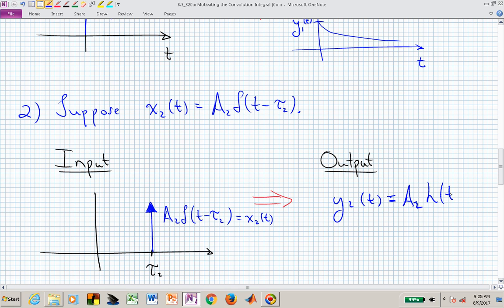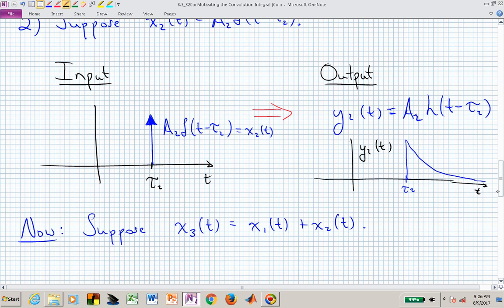This is now h of t minus tau sub 2. That impulse response is starting at the same time that we started the input, which was at time tau sub 2. So now we have something starting at tau sub 2, which is this weighted impulse response, and in terms of t, this is now y sub 2 of t.